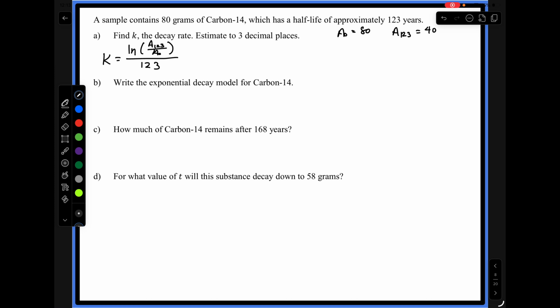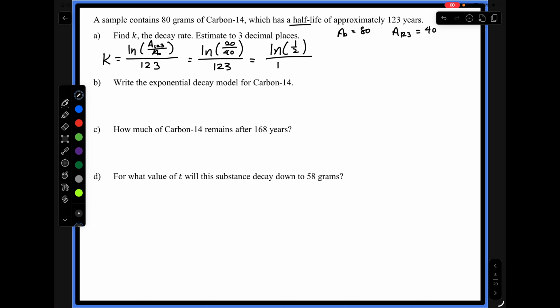So we take 40 divided by 80, which reduces to 1/2.